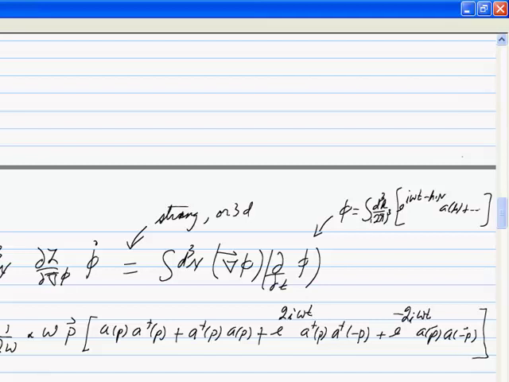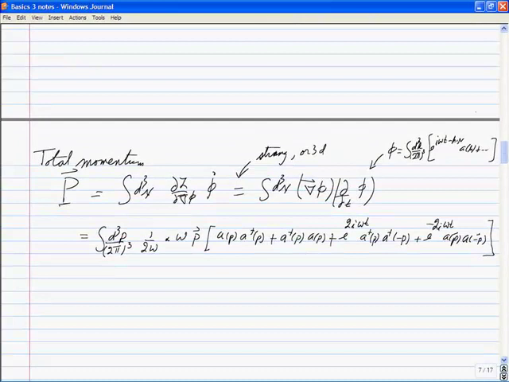Okay. So you can sort of see a bunch of stuff here. The del phi gives me a p because I bring down a p. The d by dt brings down an omega, so there's the omega.